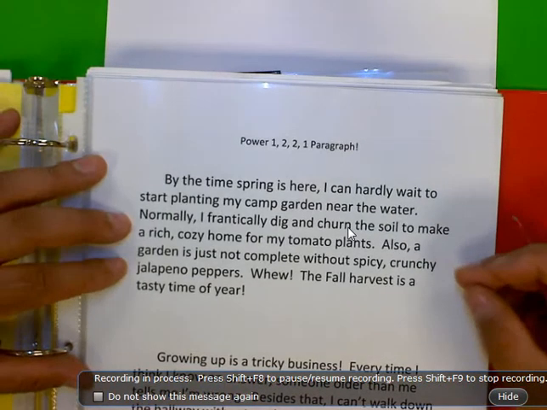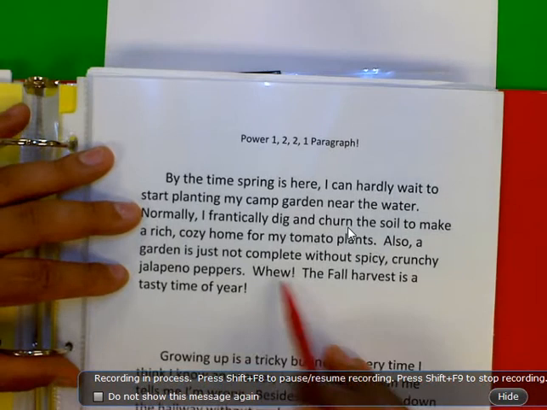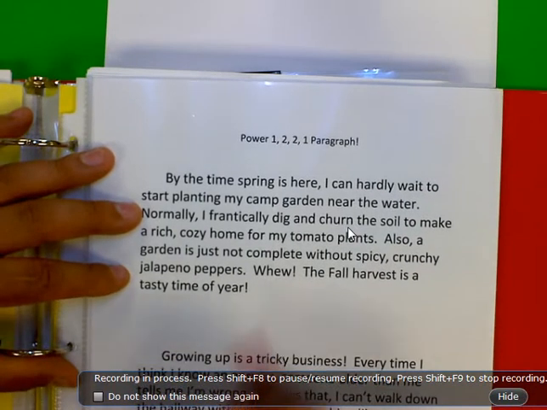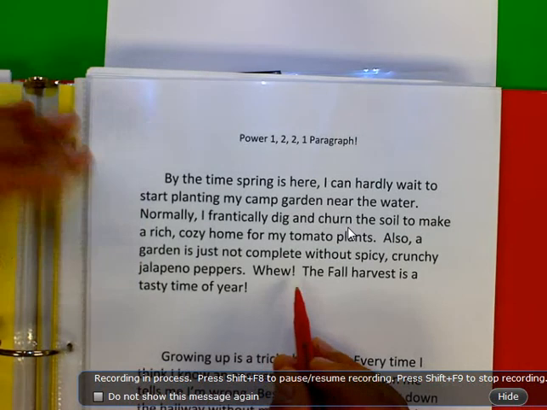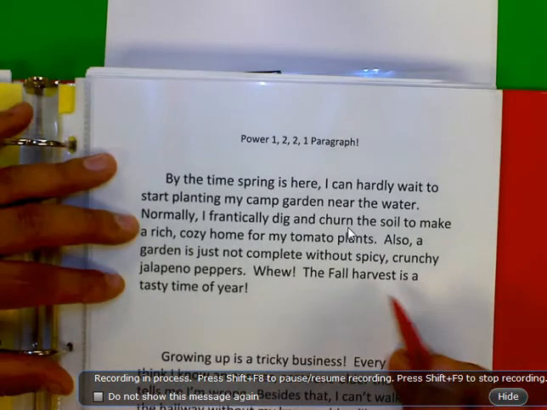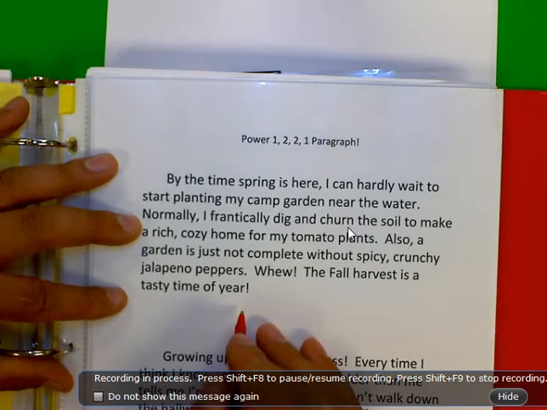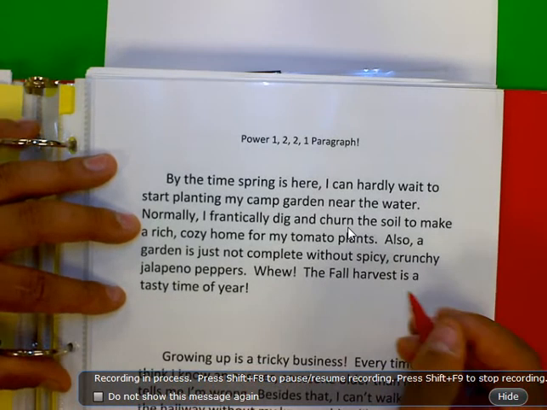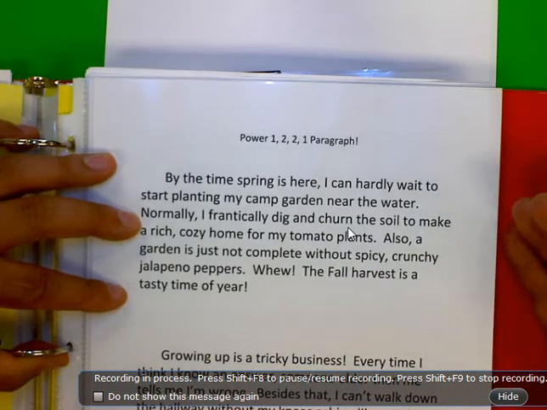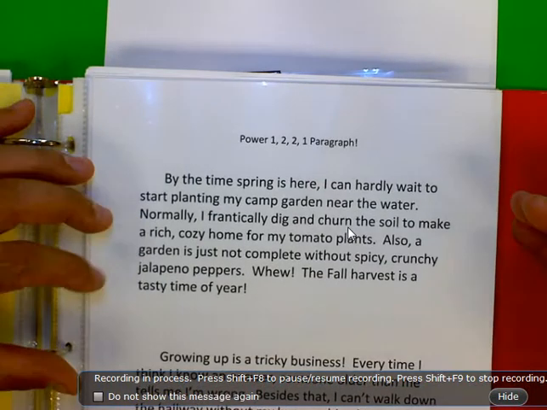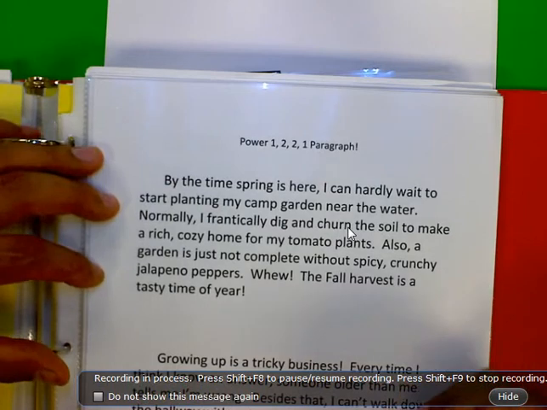Notice there's only one thing left here. I broke it up with an interjection just to spice it up a little bit. I put, whew, the fall harvest is a tasty time of year. That is my conclusion. You can tell that the paragraph has come to an end, and the best part is I didn't just say the end.